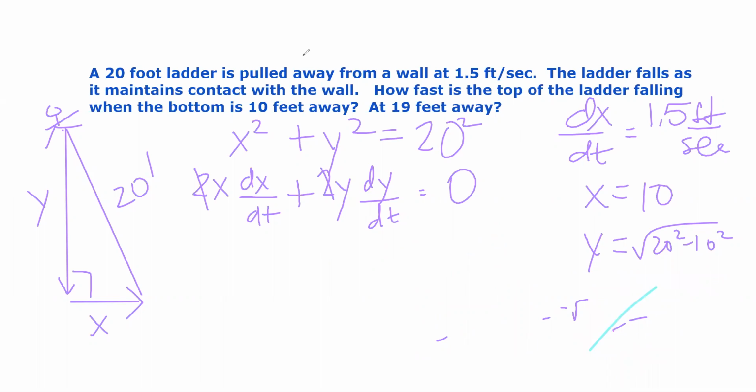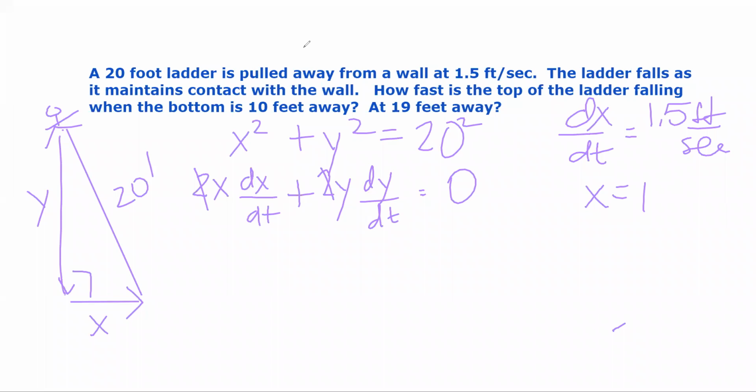If x were changed to 19, which means now he's way down here instead of way up there. And the ladder's probably way over here now at 19 feet away.